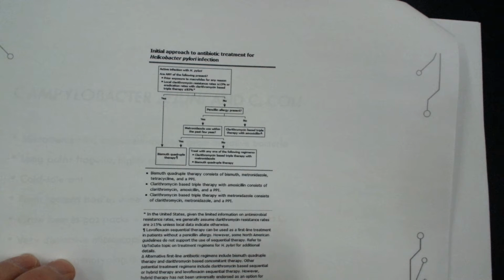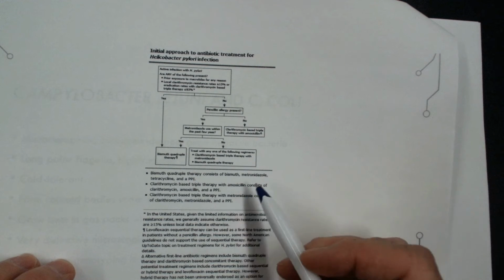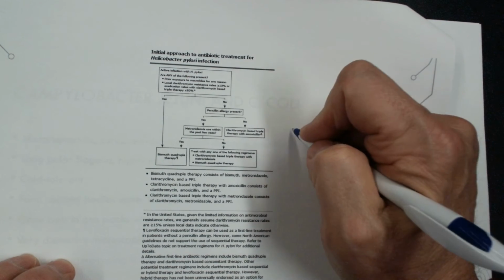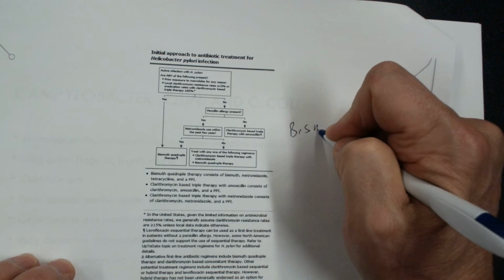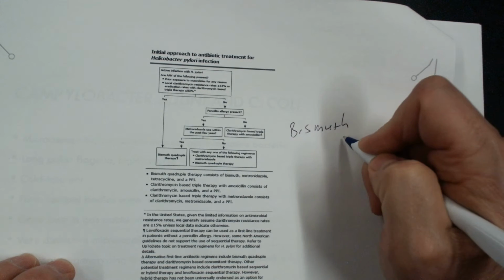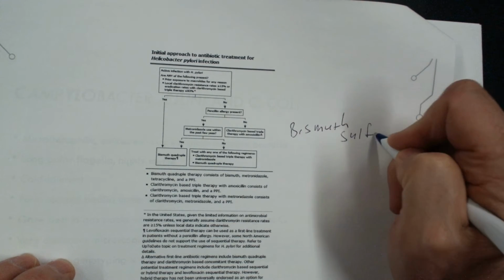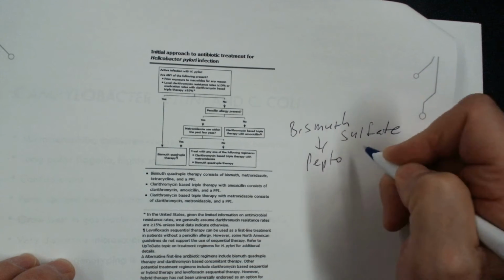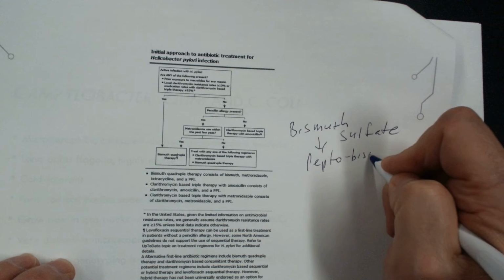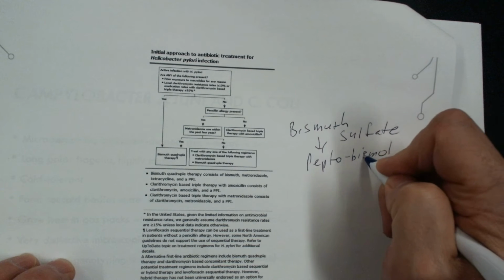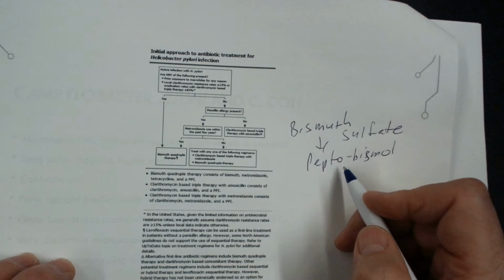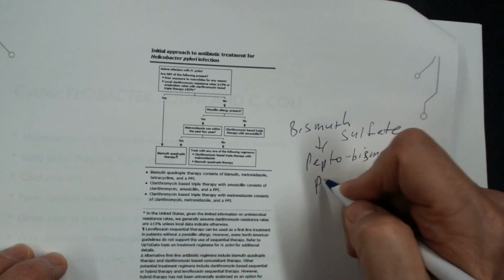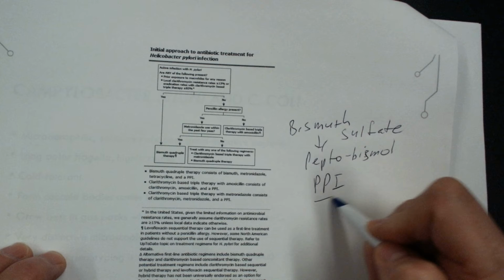So you're going to use essentially bismuth sulfate, which is found in Pepto-Bismol. So you use bismuth sulfate, and you also use a proton pump inhibitor.